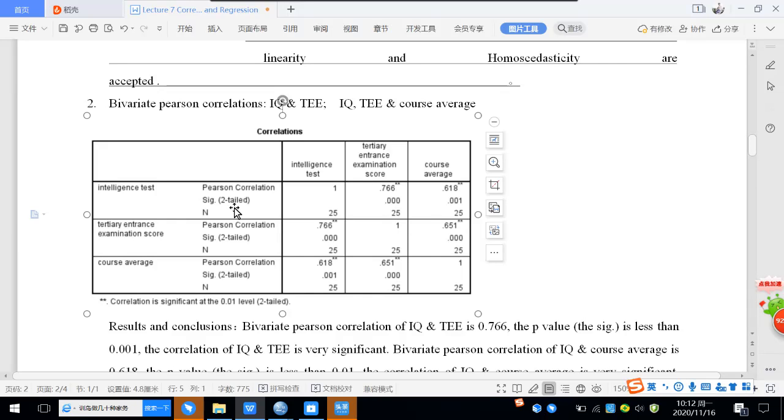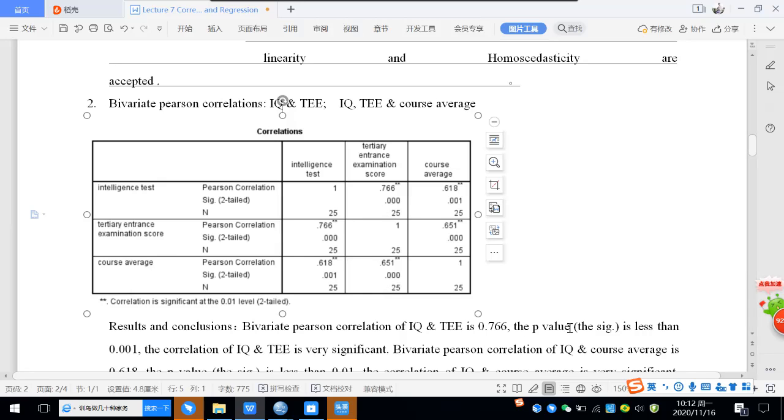And then here is the test. It will test if this correlation is significant or not. Here, the Pearson correlation of IQ and TEE is 0.766.